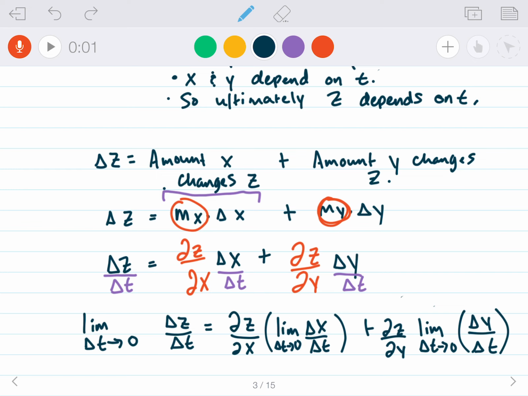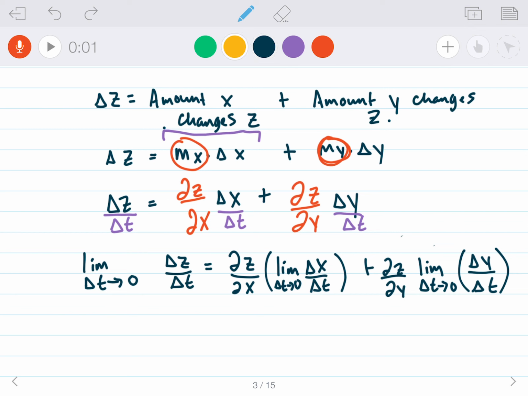All right, so what is this value right here on the left side? If I take the limit as delta t goes to 0 of delta z over delta t, well, again, this is slope. This is something that we talked about in Calc 1. We have the change in z over the change in t, and if we're making the change in t super, super small, remember what we're really doing here is taking slopes, where z is our height and t is our width.